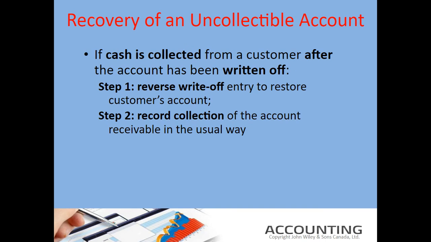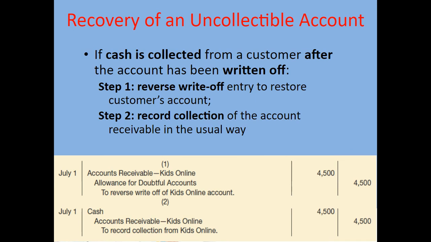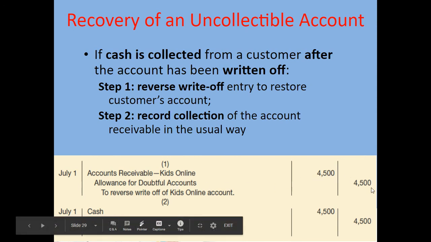Now, it is possible that sometimes a customer will pay after the account has been written off. Oftentimes people want to salvage their credit scores, so they actually will pay if they can. If that's the case, then I have to reverse what I just did. I have to first put the accounts receivable amount back, and I have to put the allowance for doubtful accounts back in.